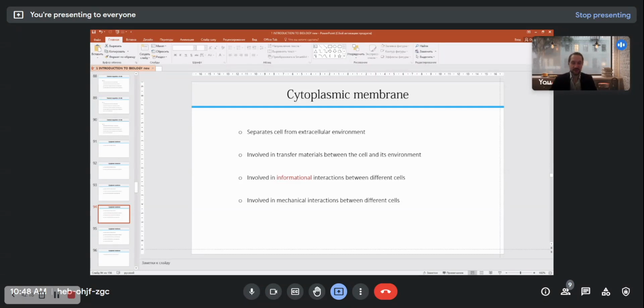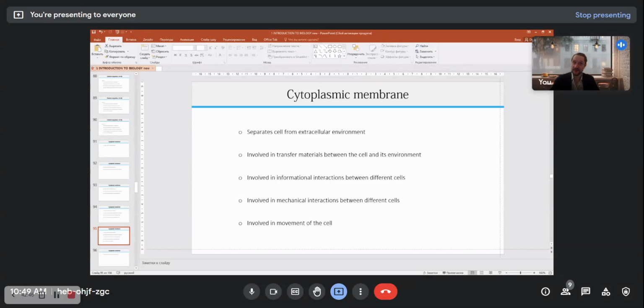Also, the cytoplasmic membrane is involved in mechanical interaction between cells. Some tissues require tight and reliable physical contact between different cells. So cells kind of stick to each other and keep this mechanical contact very reliable, and this also occurs with the help of the cell membrane.